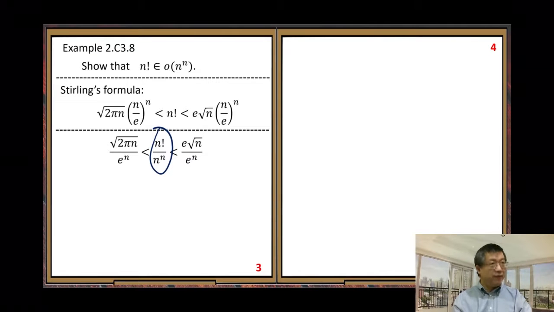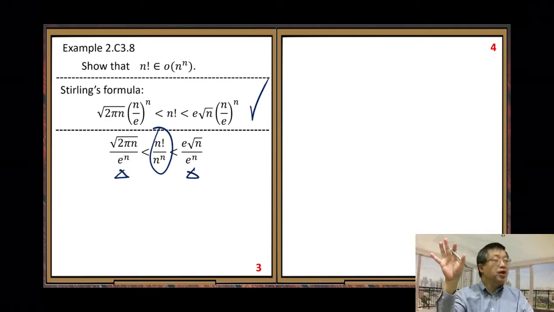From the Stirling formula, we get a lower side and an upper side expression, two expressions to approximate our destination ratio. Then we're pretty close to our goal.